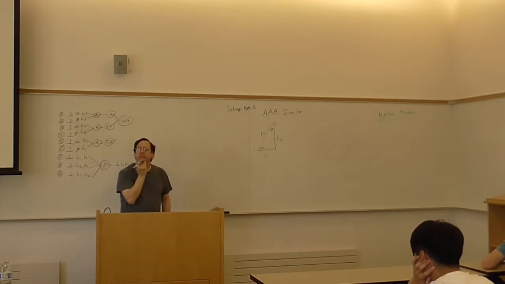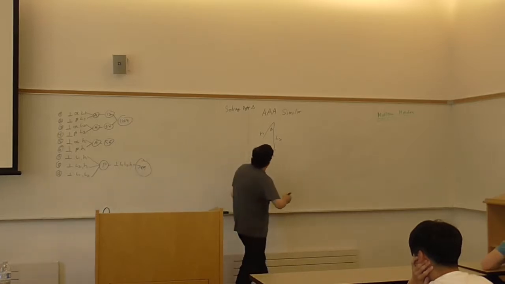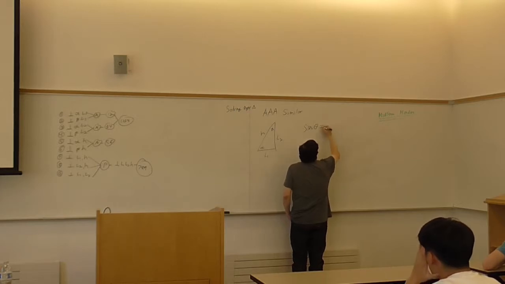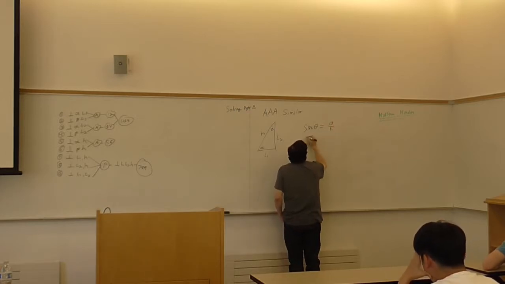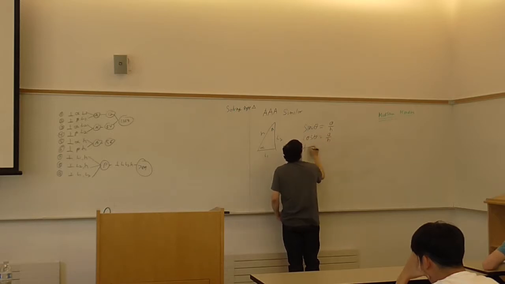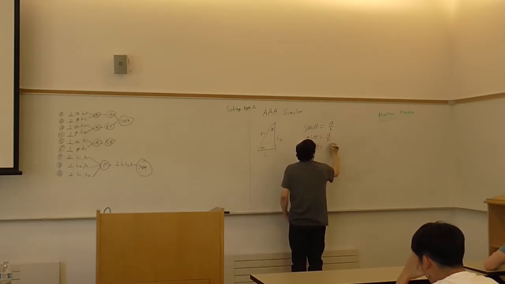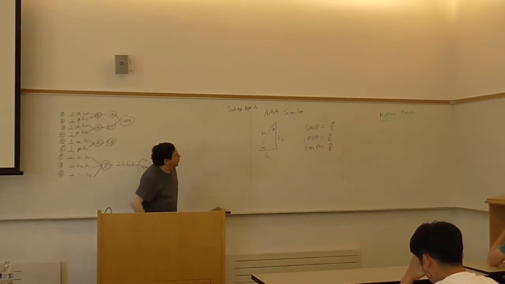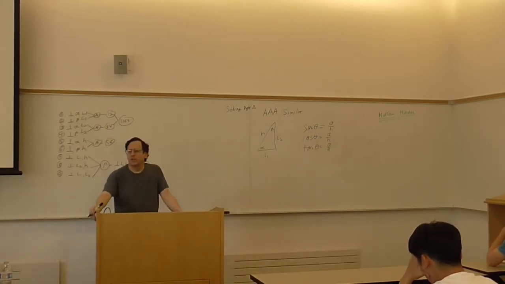How can I do that? Remember, what do I have at my disposal? Sine of theta is the opposite over the hypotenuse. Cosine of theta is the adjacent over the hypotenuse, and my tangent. How can I use one of those to find a component that's missing?